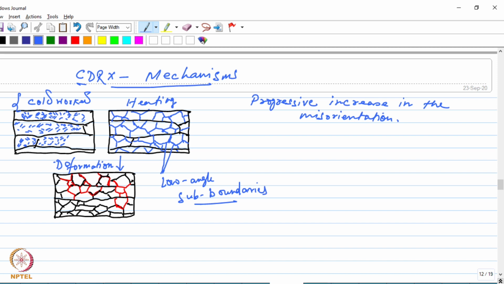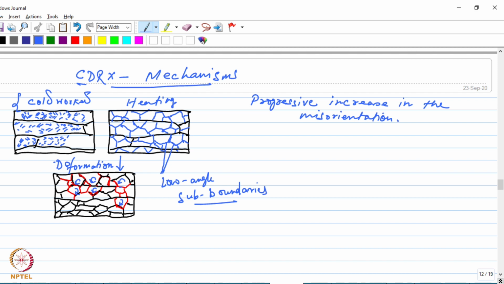more dislocations will be generated and will be absorbed in these boundaries, and the misorientation across this will increase, and it will also involve some kind of lattice rotation. Which will eventually lead to conversion of these subgrain boundaries into high angle grain boundaries.